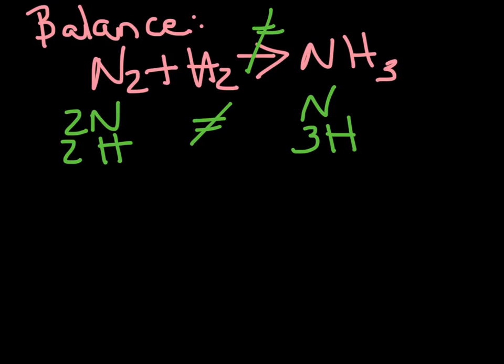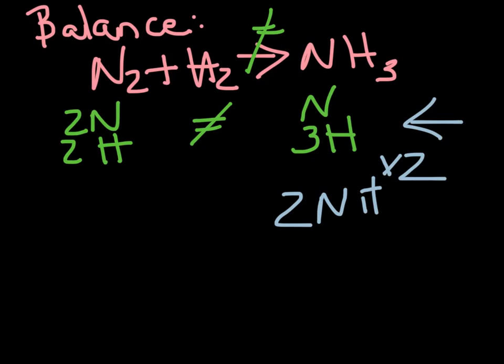Let's see. So first thing we want to do, let's take this one over here, and we want to actually multiply it by 2. Okay? And that will result in 2 NH3. And on this side, we're going to still have N2 plus H2.